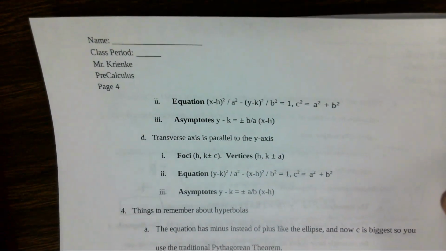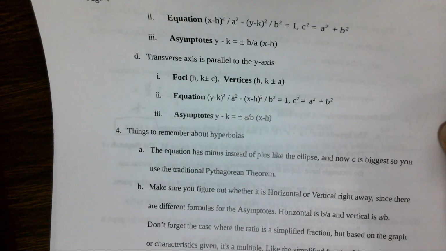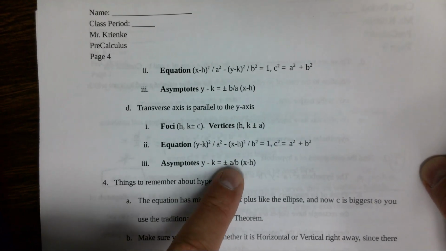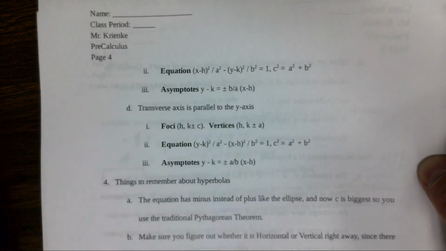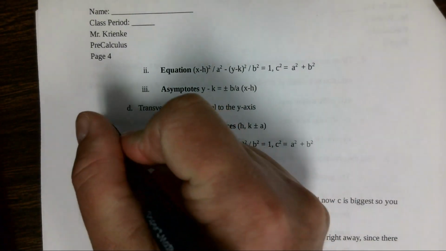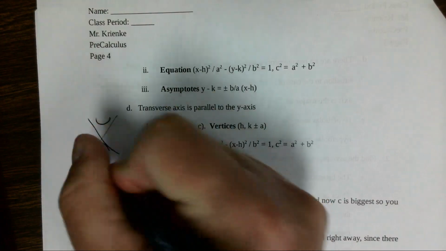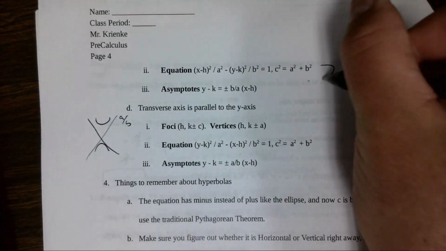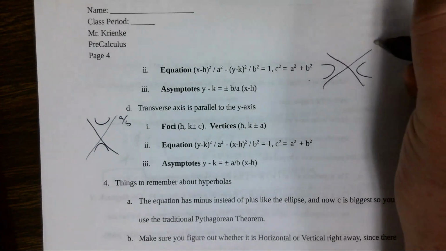Yeah, I have all the formulas listed. So this time we use a over b instead of b over a if it's vertical. Like if it's this and this, then we have a over b. But on the other one, this was b over a.